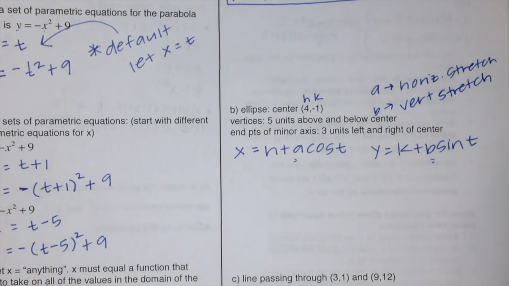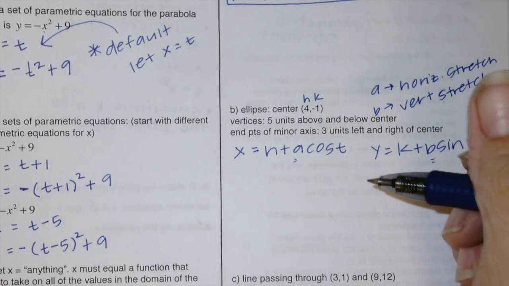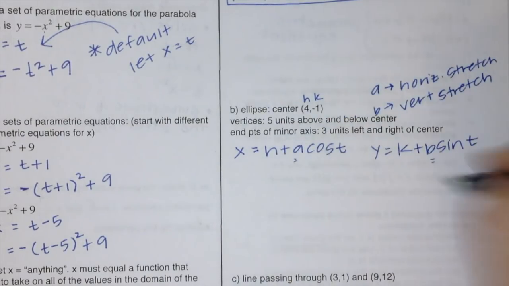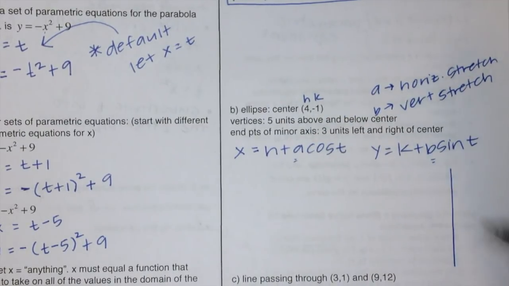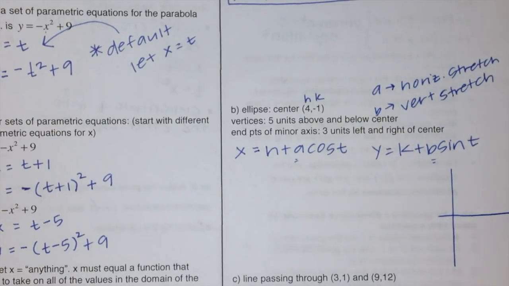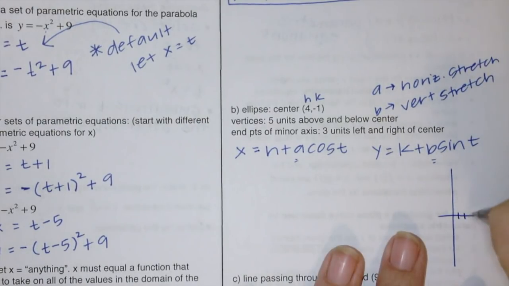So if you need help, when in doubt, graph it out. Look at this problem. I'm just going to graph it over here real quick. The center is 4, -1. That's here.